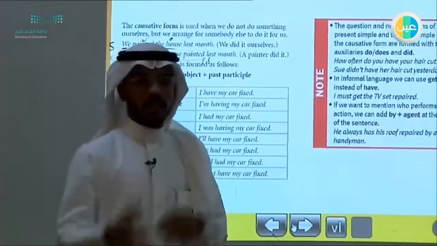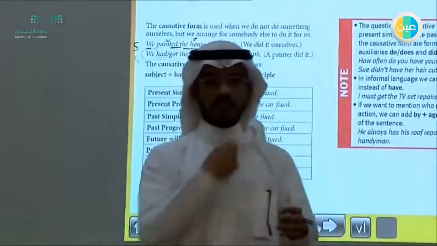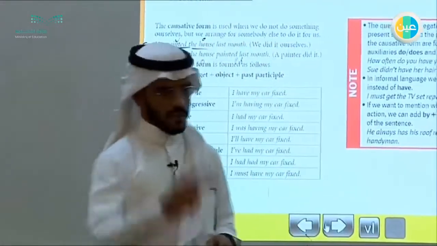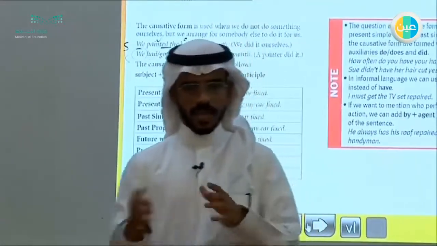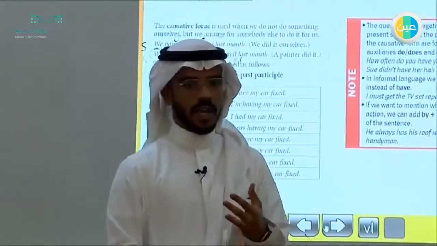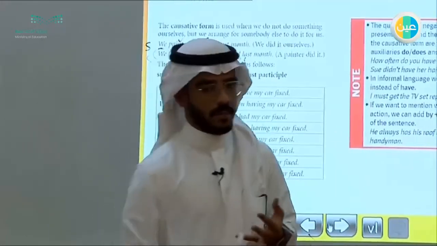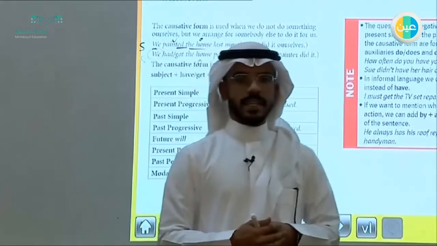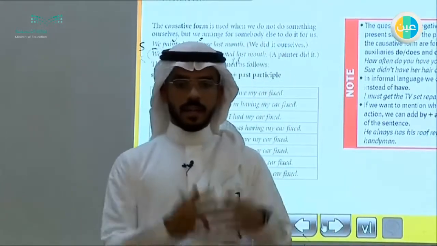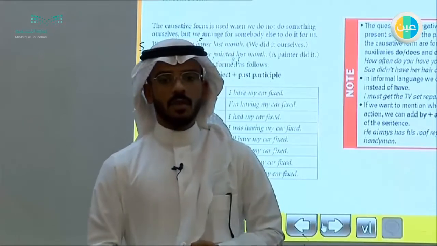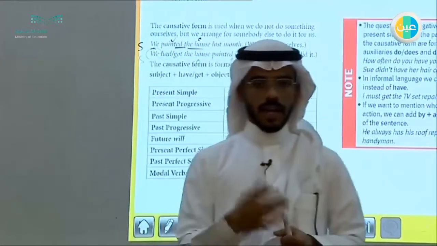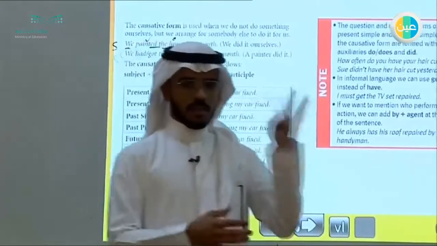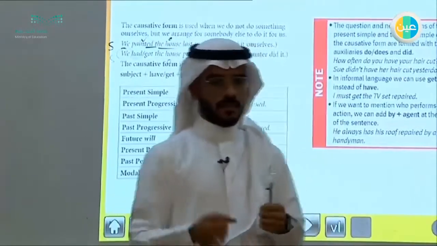After that, the object, and after the object, use the verb in past participle. We have two kinds of verb in past participle: regular verbs, which add ed at the end, and irregular verbs, for which you will find the third form of the verb. For example, do, done.